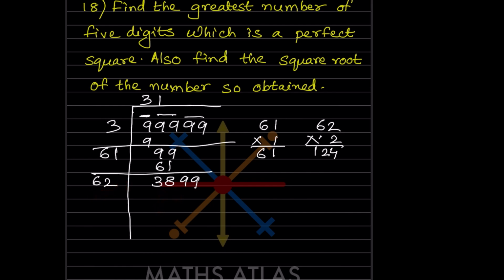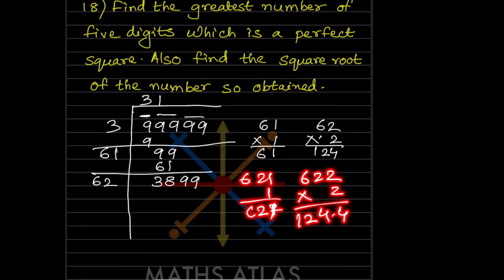So now what are you going to do? If we take 6 to 1, ones are 6 to 1. So if we take 6 to 2, twos are, you just keep on looking at here, that is 1 2 double 4.